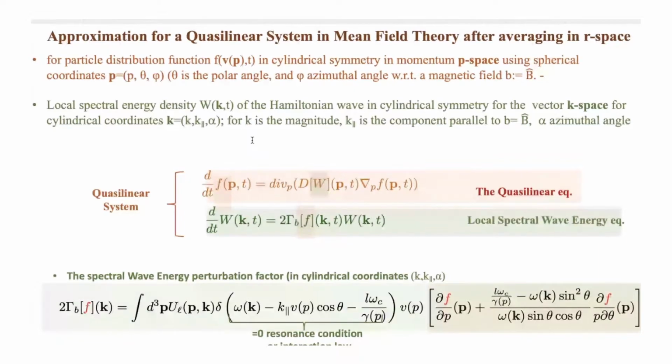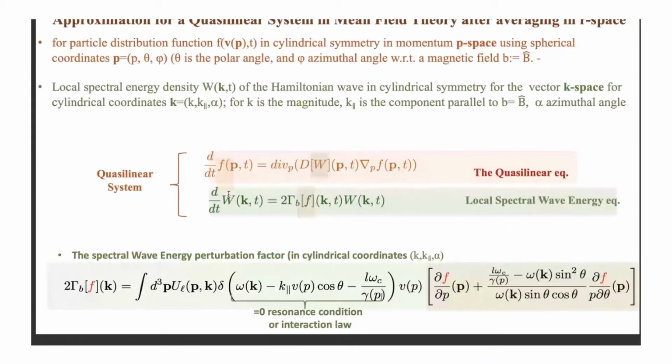So I'm trying to see if I can do a better visualization to view. Okay, this is what I want. So basically what we are going to be having is the following. We have a particle probability distribution in cylindrical symmetry, with momentum space p using spherical coordinates.